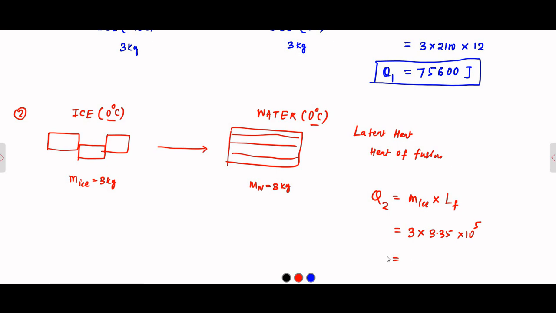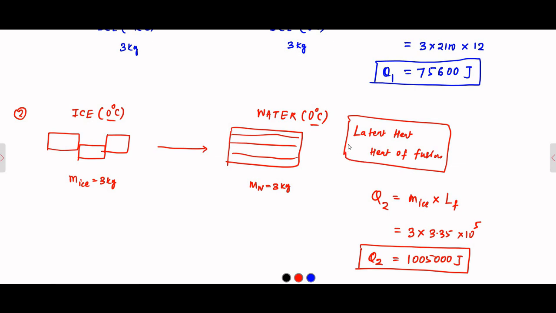So it is equal to 1,005,000 joule. So this much heat will be required to convert ice at 0 degree Celsius to water at 0 degree Celsius at constant temperature using latent heat of fusion.